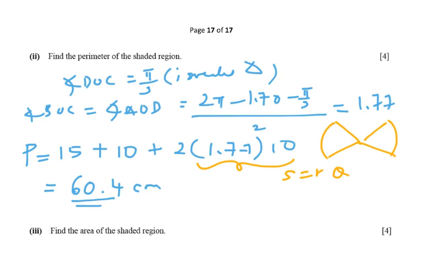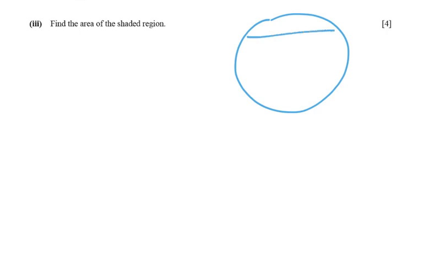Alright, moving on to next, you are required to find the area of the shaded region. With this, I would suggest to actually break the area of the shaded region into a few sections. With the center here, the first section will be the triangle here and this.